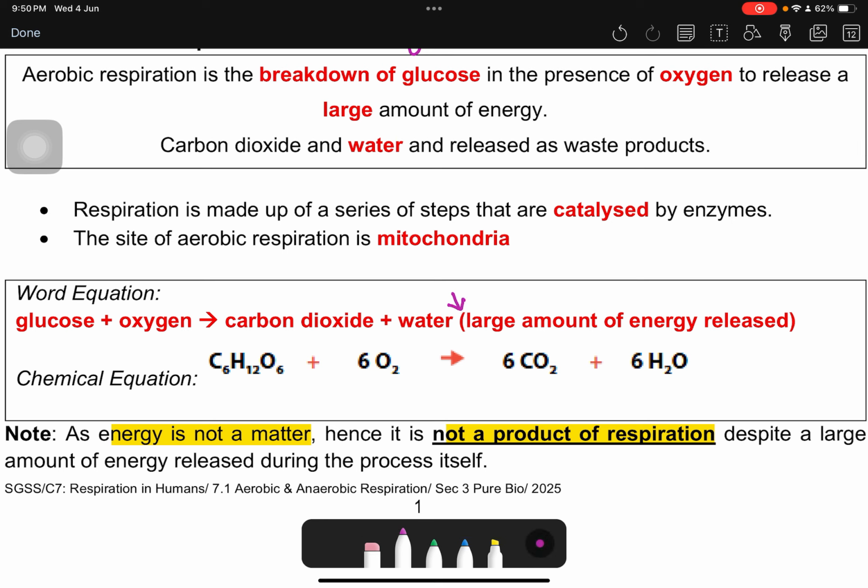Two, you can write down the word energy on the arrow itself to show that energy is released through the process of aerobic respiration, like how I've done over here. These are the only two acceptable ways to show that energy is released. So please do take note of this.